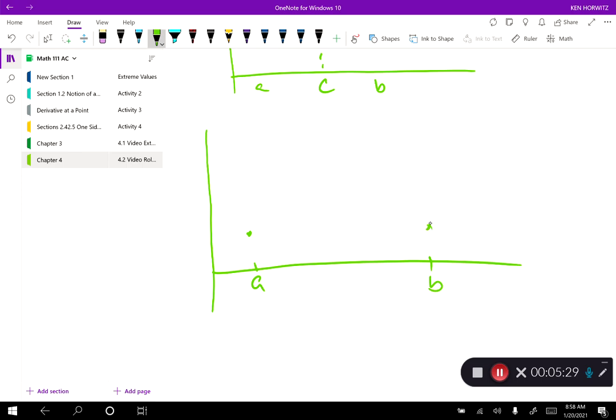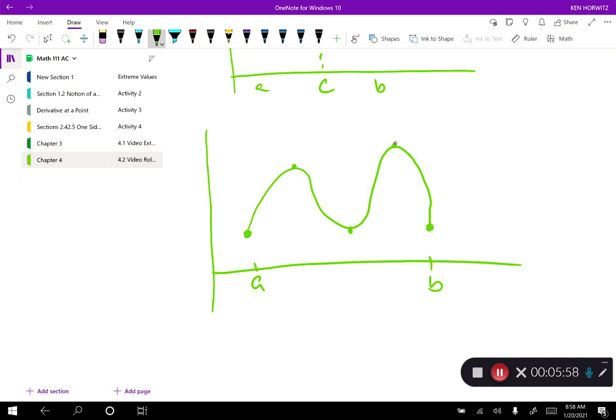As long as f(a) and f(b) are equal, and they have to be equal, right? So the conditions are that they have to be equal, and it has to be differentiable, which means no corners. It has to be continuous. And we can see here there are multiple spots where we would have a max or a min.